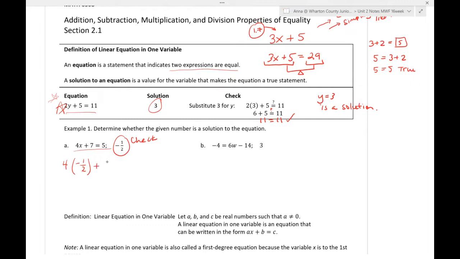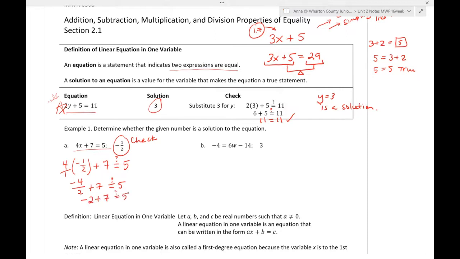So we get 4 times negative 1/2 plus 7. Does that equal 5? That's why we put the question mark over it, because we don't know if it's true or not yet. We go ahead and put our 4 over 1. So that gives us negative 4/2 plus 7. Does that equal 5? Well, negative 4/2 is negative 2 plus 7.